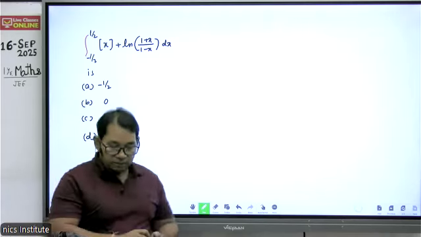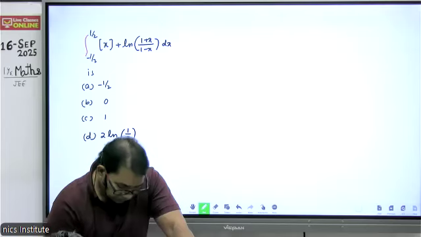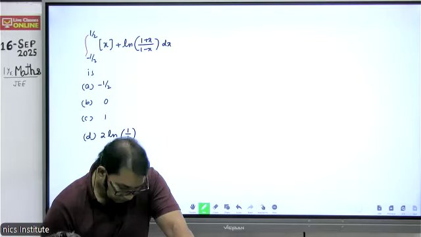The moment you see minus a to a, you have to apply the odd even thing. Greatest integer, you already know how to integrate.